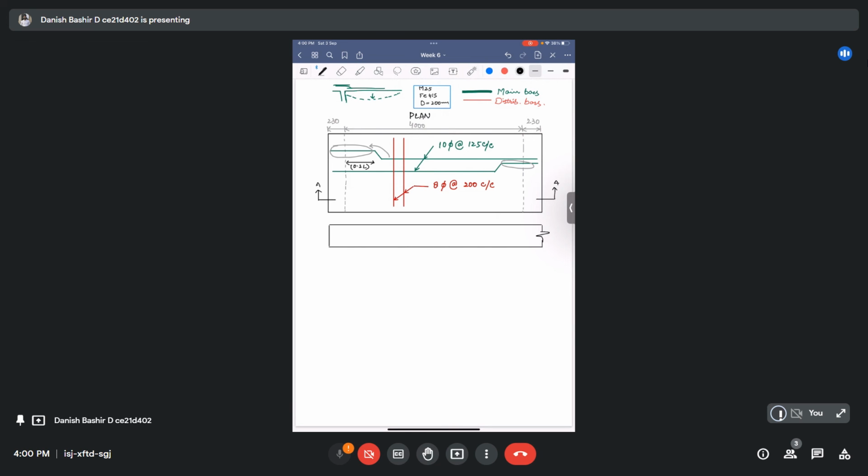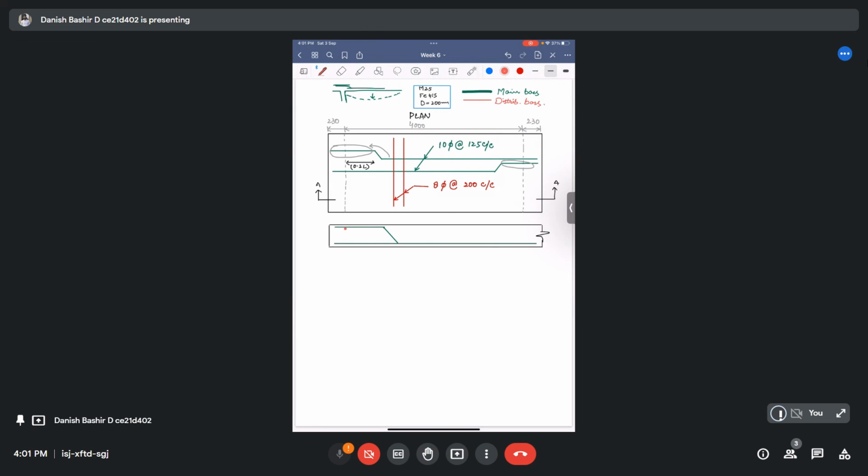I will show the reinforcement quickly. Main bar is green color. Main bar is like this, and here the alternate bars are turned up at some distance 0.1 L. Okay, and we have provided this distribution reinforcement like this at some spacing.